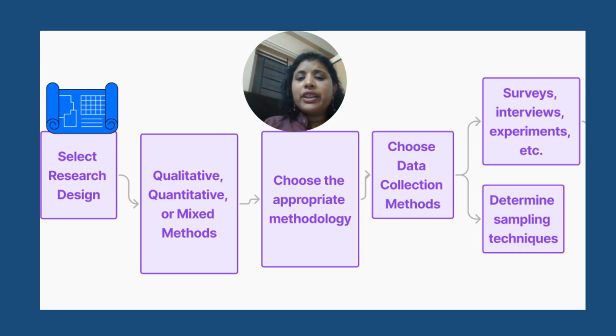To make your life simple, the sample is your target population. Now I gave an example of women empowerment in the service sector in Bangalore. Here the sample is women, and the area is Bangalore. This can be a quantitative study if the sample is more than 100 in number.